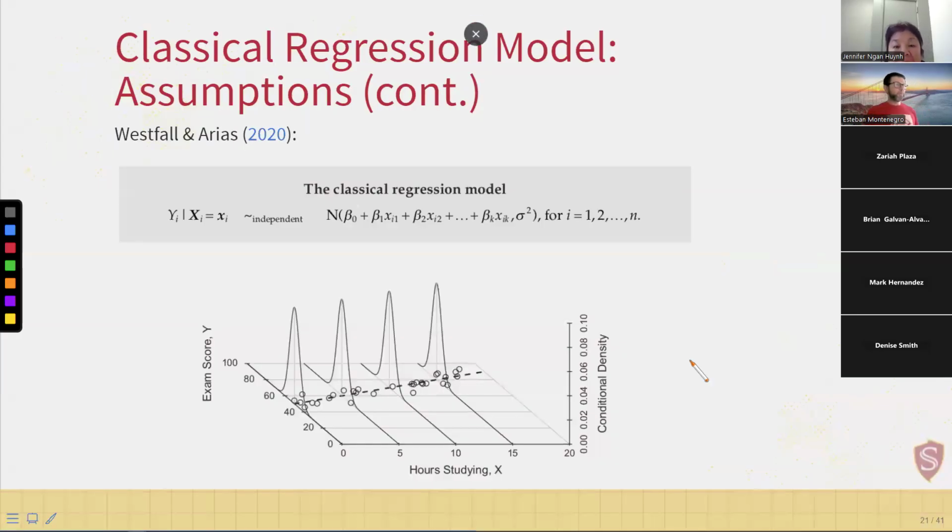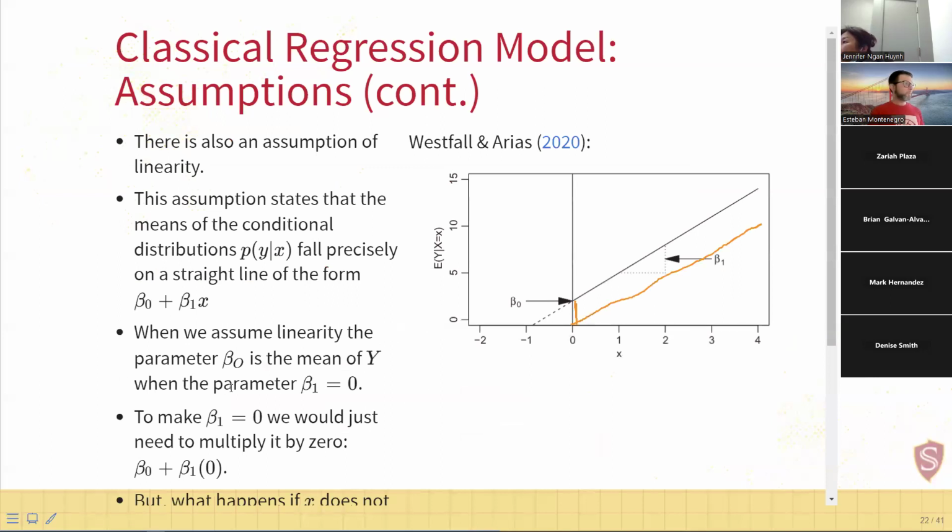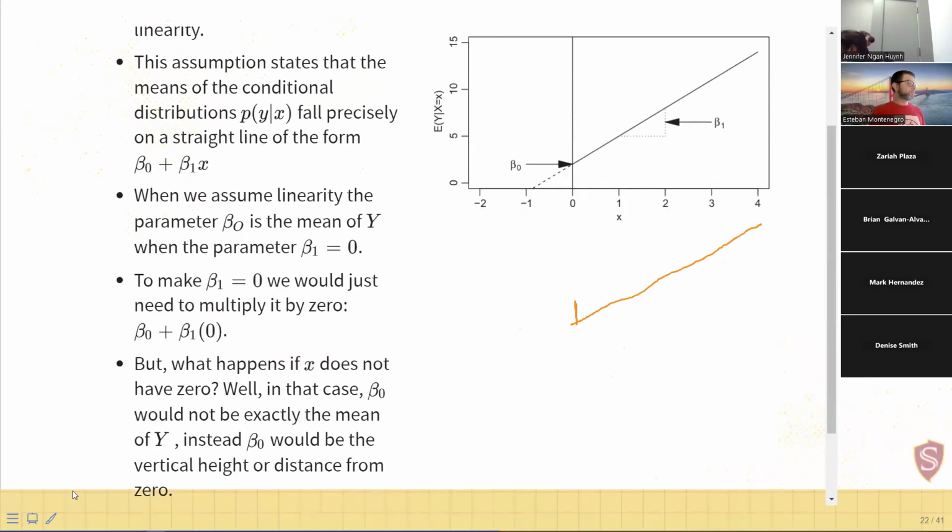Now it's better. Okay, as I was saying, we were checking assumptions. This is just a refresher of the previous lecture. Also, it is important to remember that when you have a 0 here, when you have this type of function where the slope is multiplied by 0, that means this intercept right here is going to represent the mean of y.